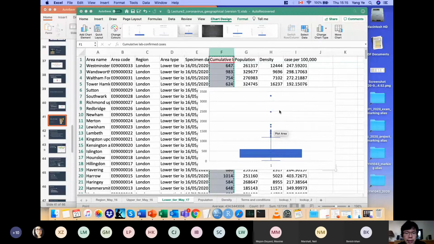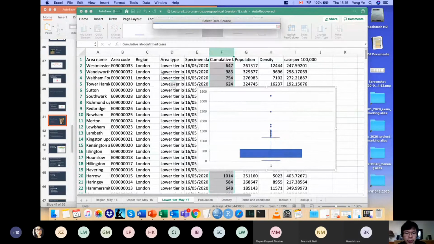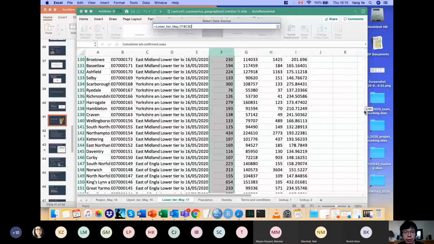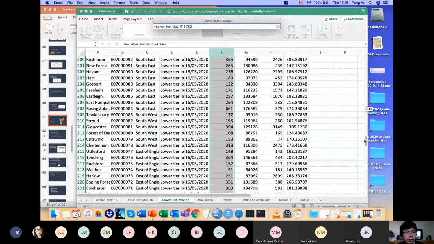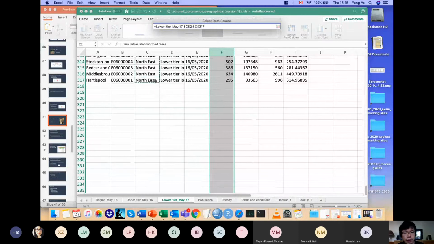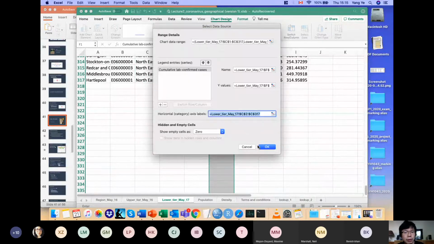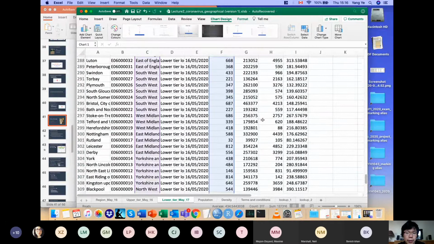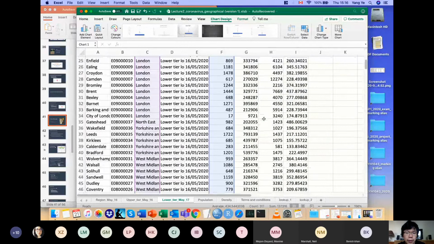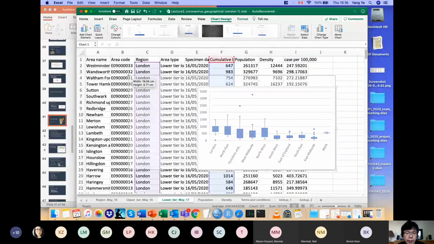But let's make it a grouped box plot. Okay. Now we have a grouped box plot.